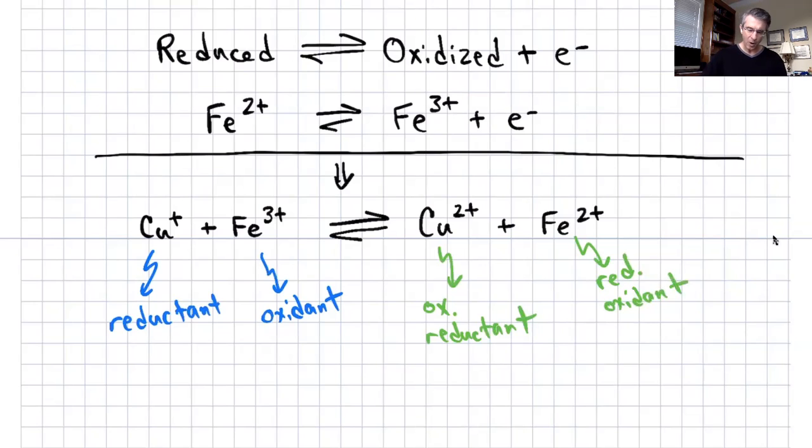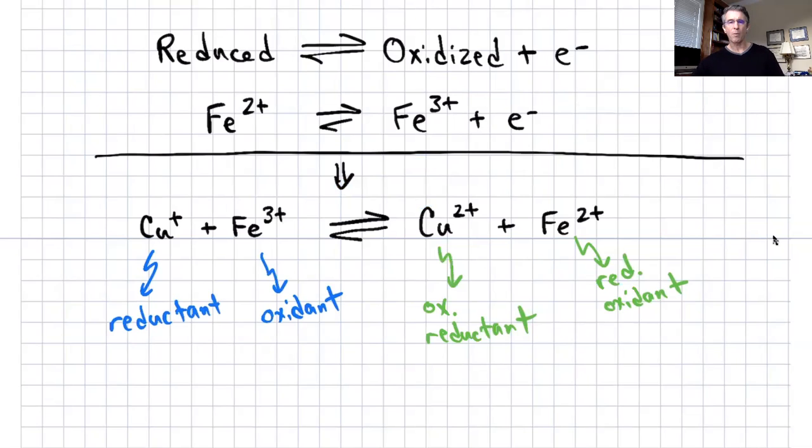Okay. Now, hopefully some aspects of this you recall from your undergraduate chemistry. So what we want to do now is develop an approach that would let us measure and quantify the tendency of one of these reactions to go in a particular direction, right? We want to figure out a way to measure where that equilibrium sits. Does it go more to the right, more to the left? And how do we quantify that? So that's our goal here. All right.